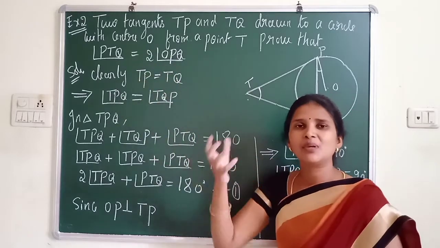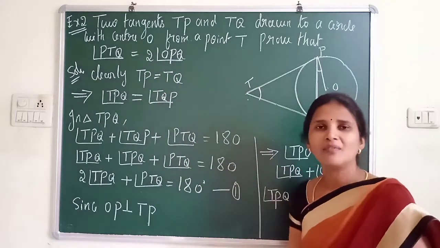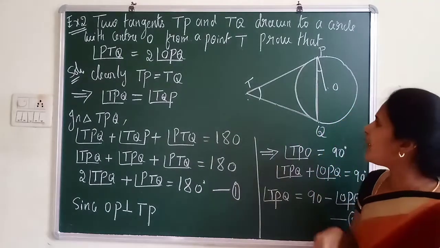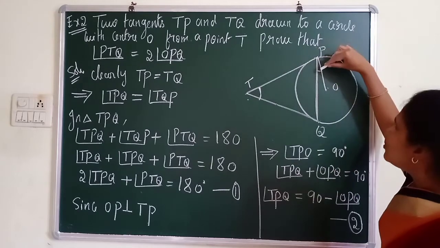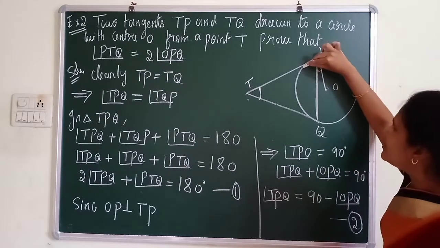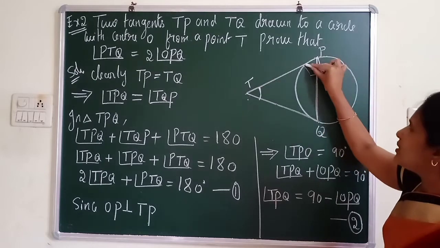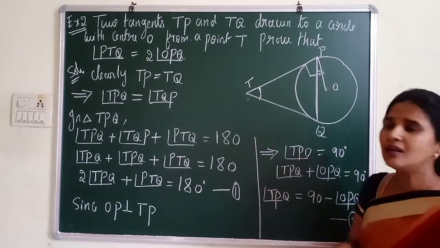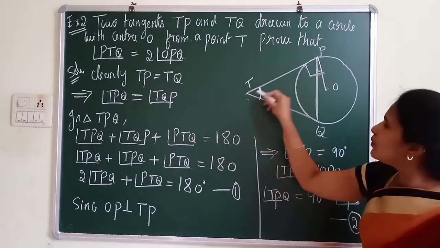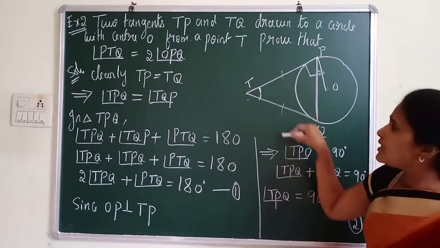Try to connect the basic points, then only you can find it easily. So now I want this PTQ in the answer and also this angle. To get this angle, you know that OP is perpendicular to the tangent. So this is a basic concept to include this angle inside the triangle. And for this you can go with a property called isosceles triangle.